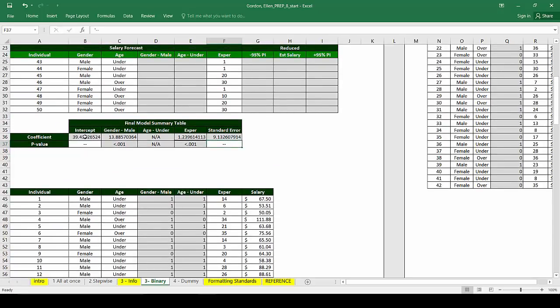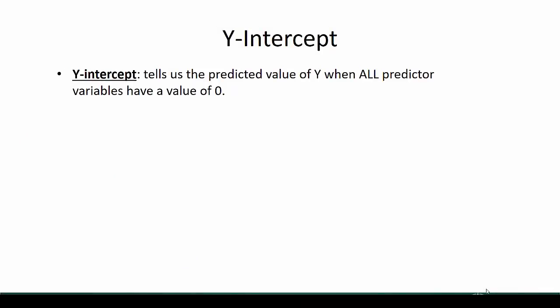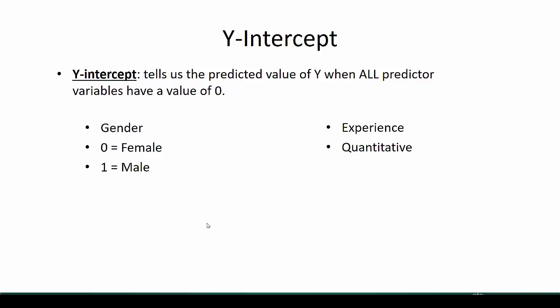Now I want to talk about the interpretation of the y-intercept and the slope for gender. If you remember, the y-intercept tells us the predicted value of y when all of the predictor variables have a value of 0. Gender was binary encoded, so 0 represents female. Our other predictor variable, experience, was a quantitative variable, so a value of 0 would be 0 years of experience.